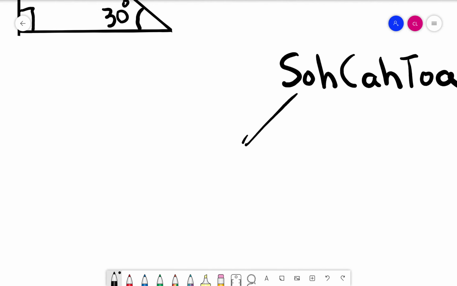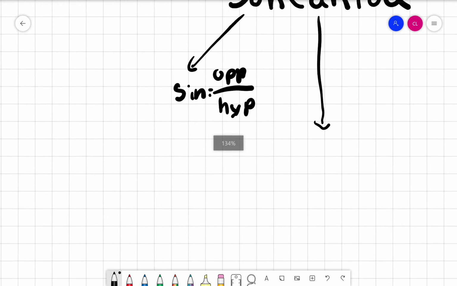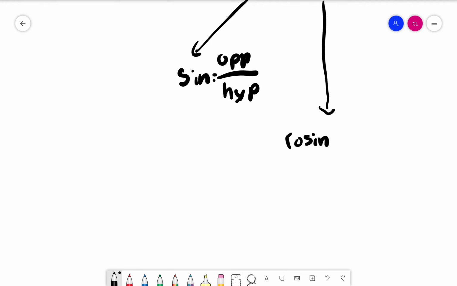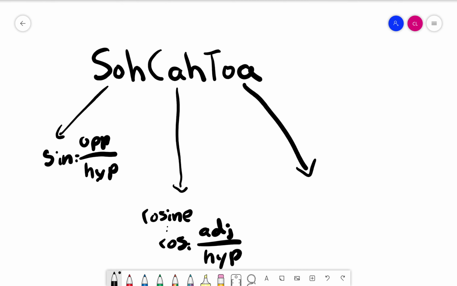This stands for SOH: sine equals opposite over hypotenuse; CAH: cosine, or cos, equals adjacent over hypotenuse; and TOA is tangent equals opposite over adjacent, right?